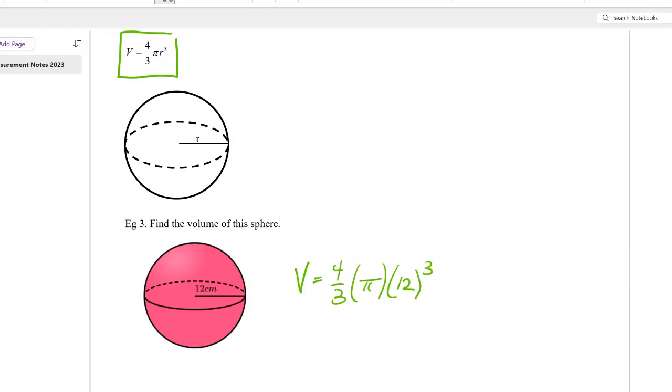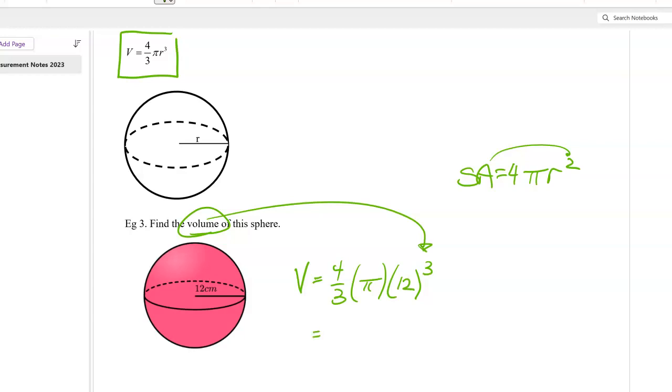I just want to make a comment. If you're finding volume, use the formula with cubed in it. All right, don't get confused. The other one that we saw was surface area, and it was 4 pi r squared. Okay, surface area uses squared. Volume uses cubed. Okay?